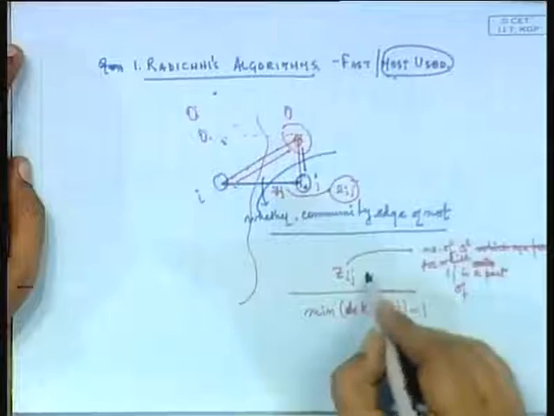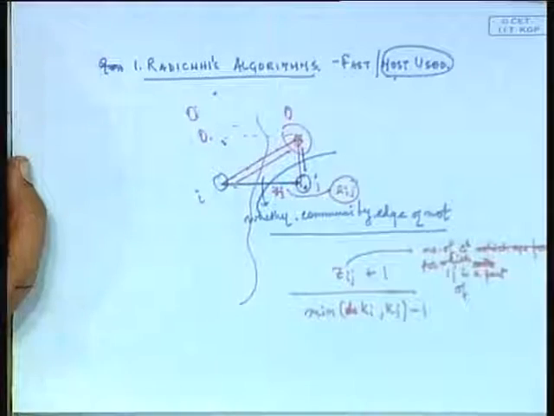Yeah, that is the maximum number of triangles that can be formed. And if 0 triangles are formed, then this becomes 0. So, for that you can normalize and add a 1.